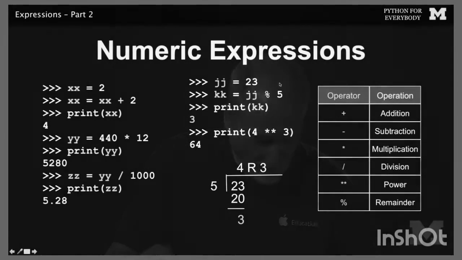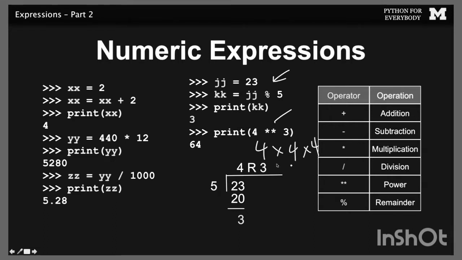So like games, and there are other situations where you can do even and odd calculations, like is this an odd number or an even number: divide it by 2 and see what the remainder is. So this whole notion of the modulo operator is really useful in some situations, and that's why we obsess about it a little bit. The power operator is like 4 times 4 times 4, which is 64. So those are the numeric expressions.